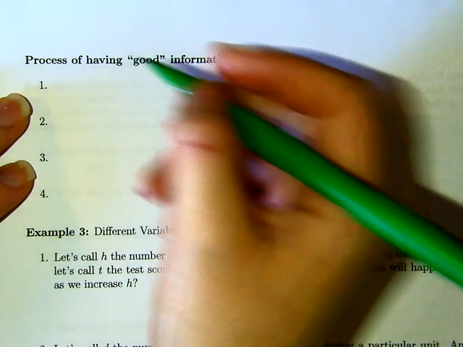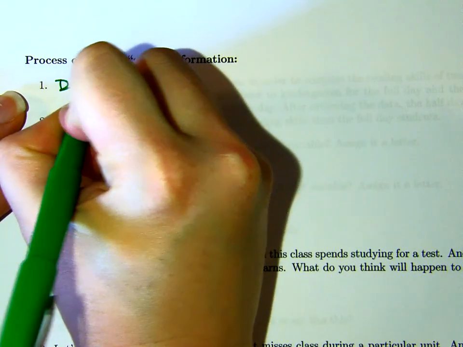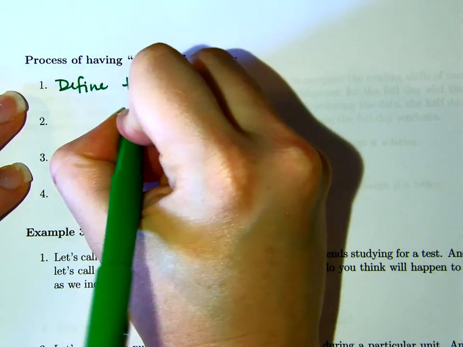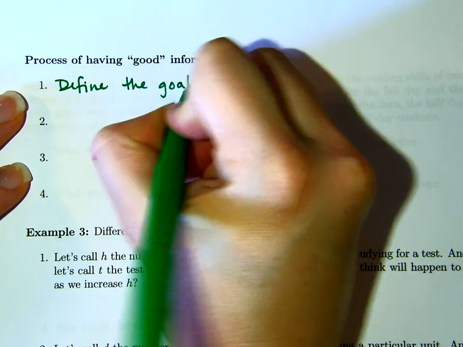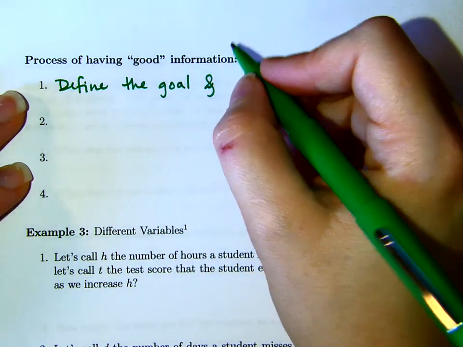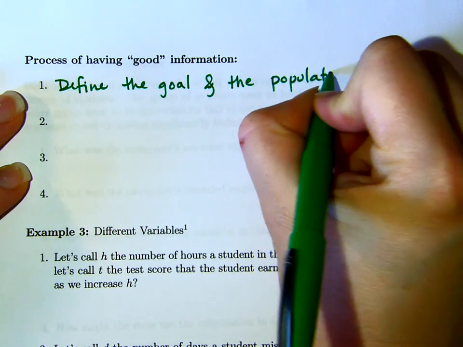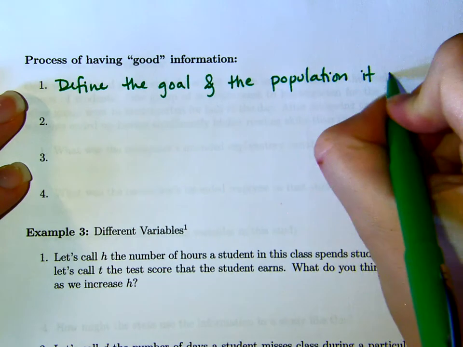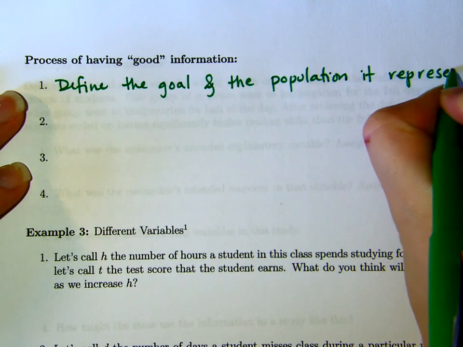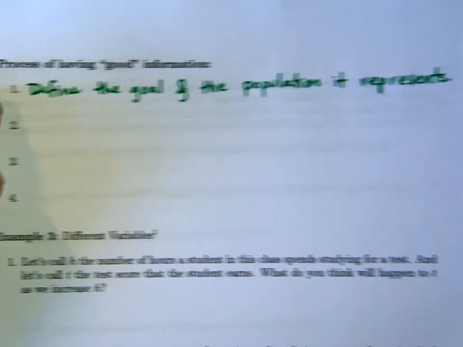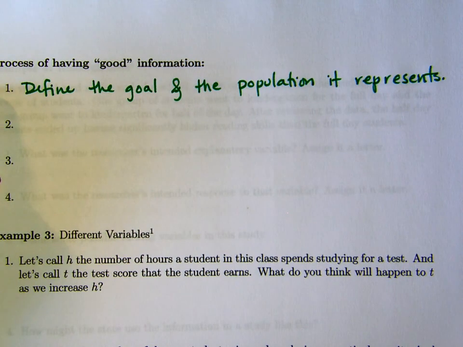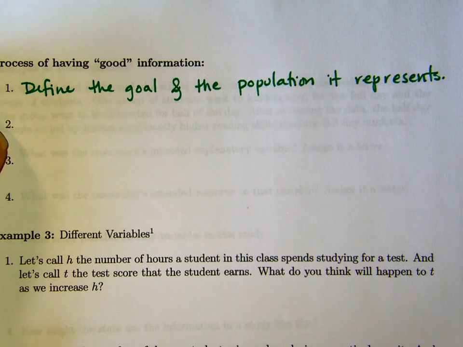Okay, so define the goal and the population it represents. This is just a slimmed down version of the scientific process or a good statistical process.